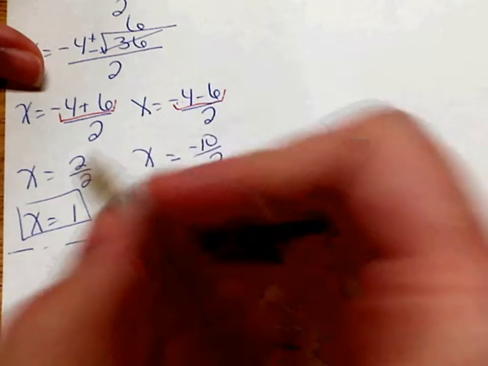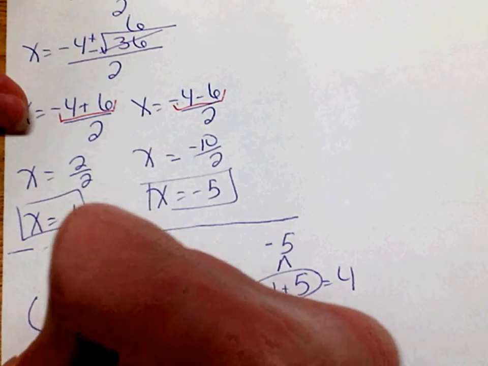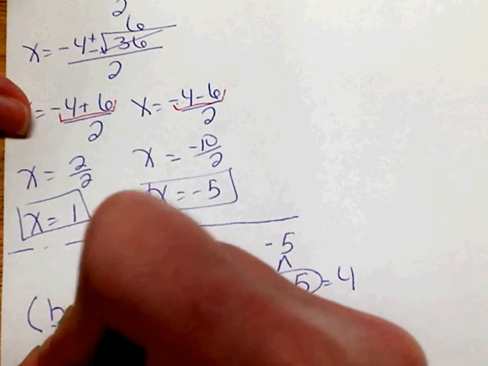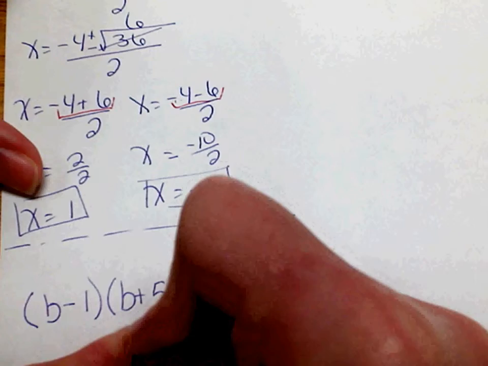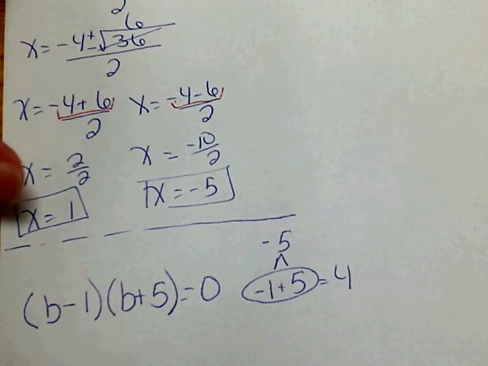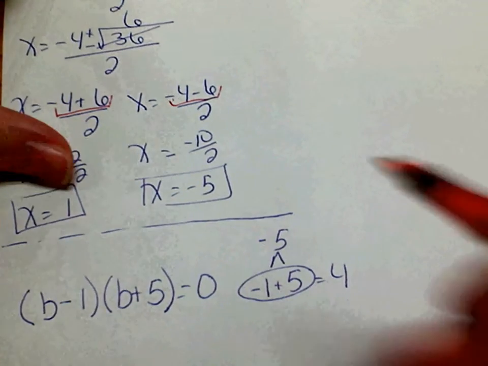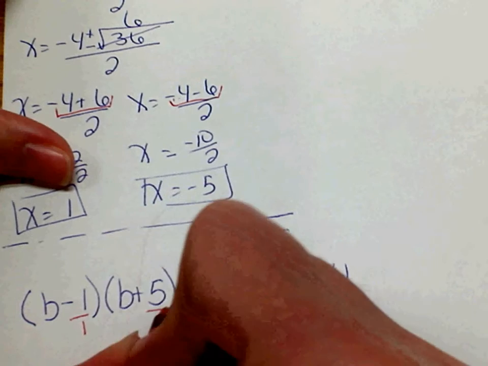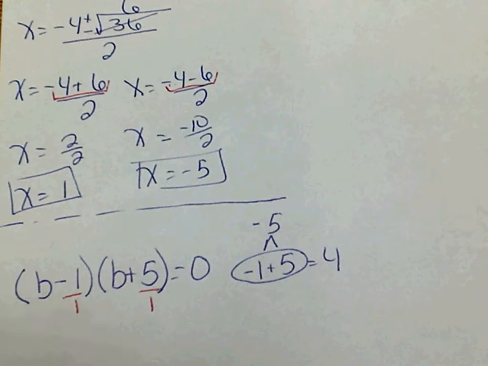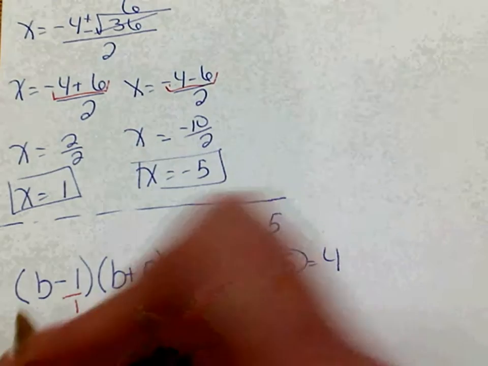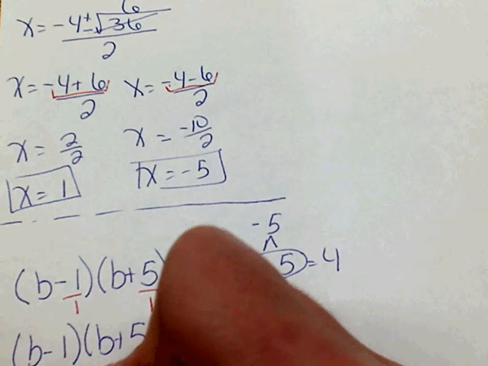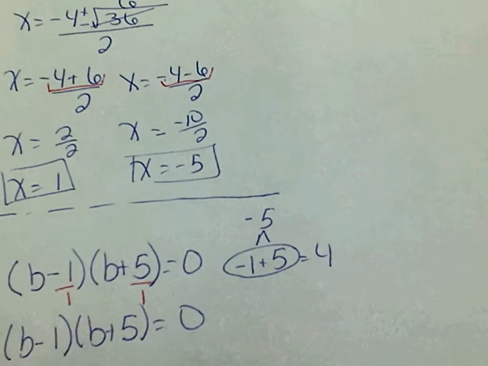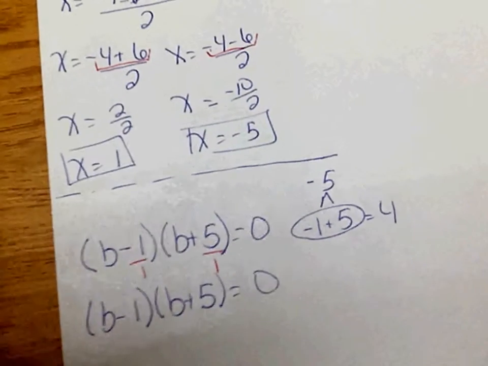So I'm going to write it b plus negative 1, same thing as minus 1, and b plus 5 equals 0. And then next step is to divide by a. This is optional in this problem because it's 1. You don't have to divide by 1 because when you go to the next step and you simplify, you're going to end up right back where you were. You don't need a bottoms up on this one.